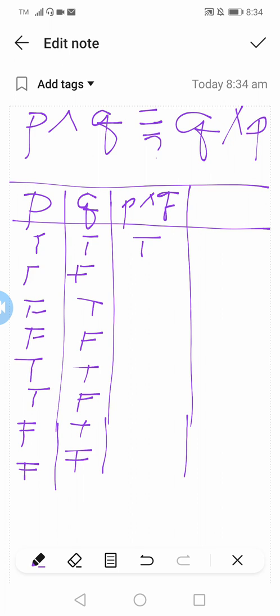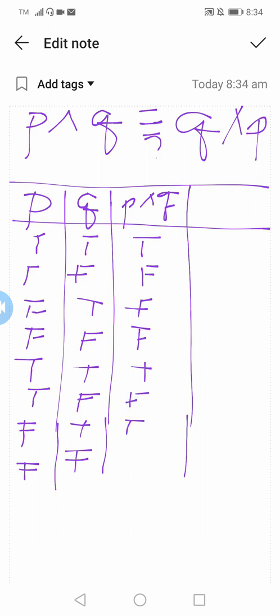In the second one, one is false, so automatically it is false. For the third, automatically false. Fourth, automatically false. So this is true, false, false, false. This is the compound statement P and Q, located on the left side of the commutative property, with respect to the connective conjunction.